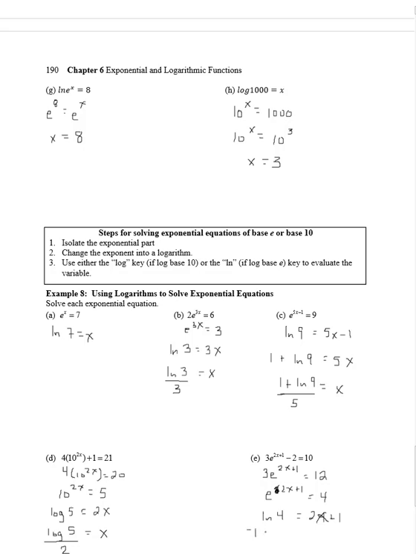So negative 1 plus the natural log of 4 equals 2x. Subtracting 1 from both sides in that step. And then divide by 2. So the negative 1 plus the natural log of 4 divided by 2 equals x.